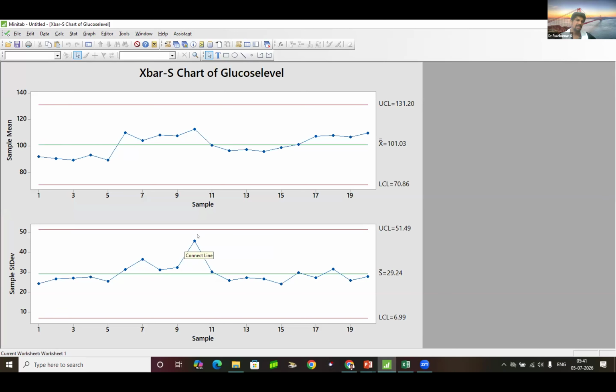So he will pull the 10th day data and check if any patients have a higher glucose level. Then he will check that particular patient's diet and routine, and ask him to come for counseling, whether he has deviated or not followed the diet.